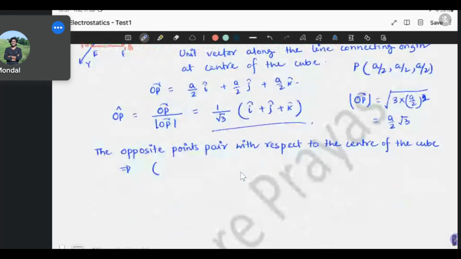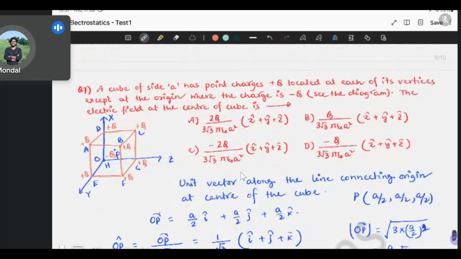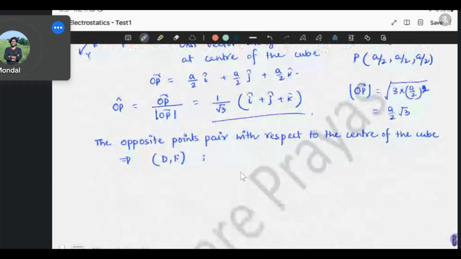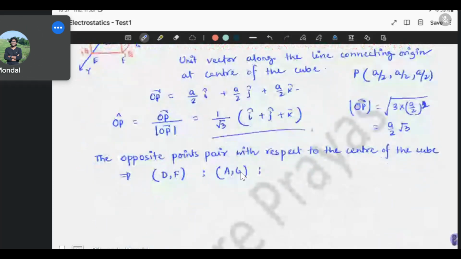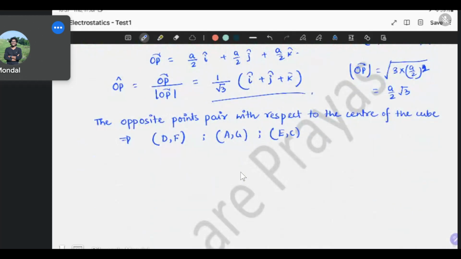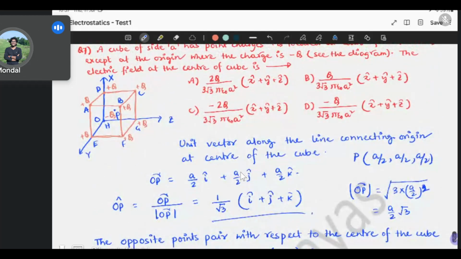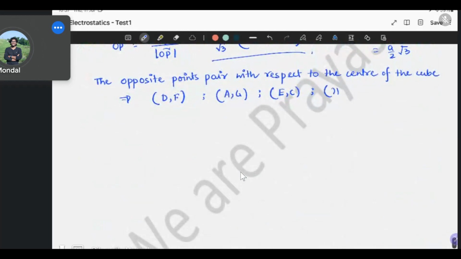First D and F, then A and G, then E and C, and the last one is H and B, or we can write this as B and H. So the pairs are DF, AG, CE and BH.